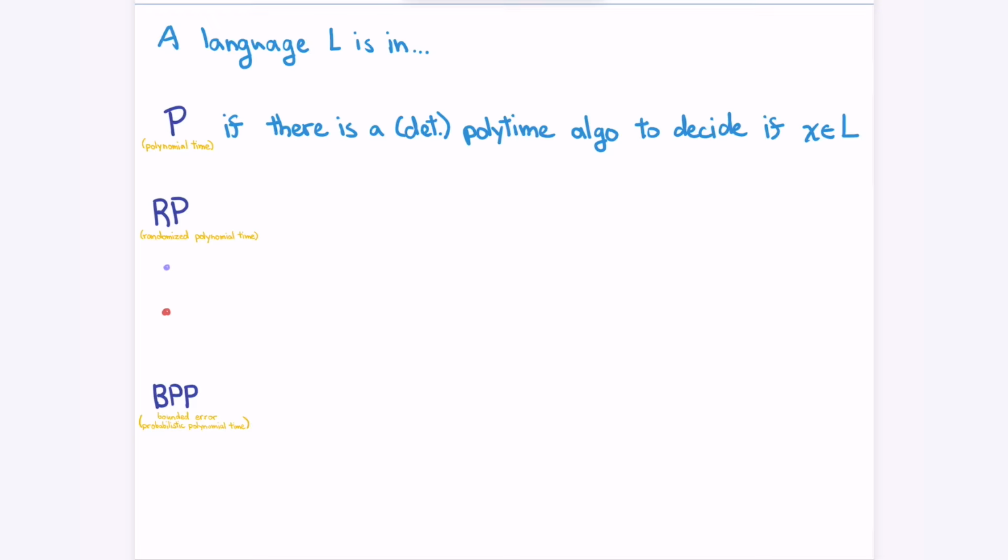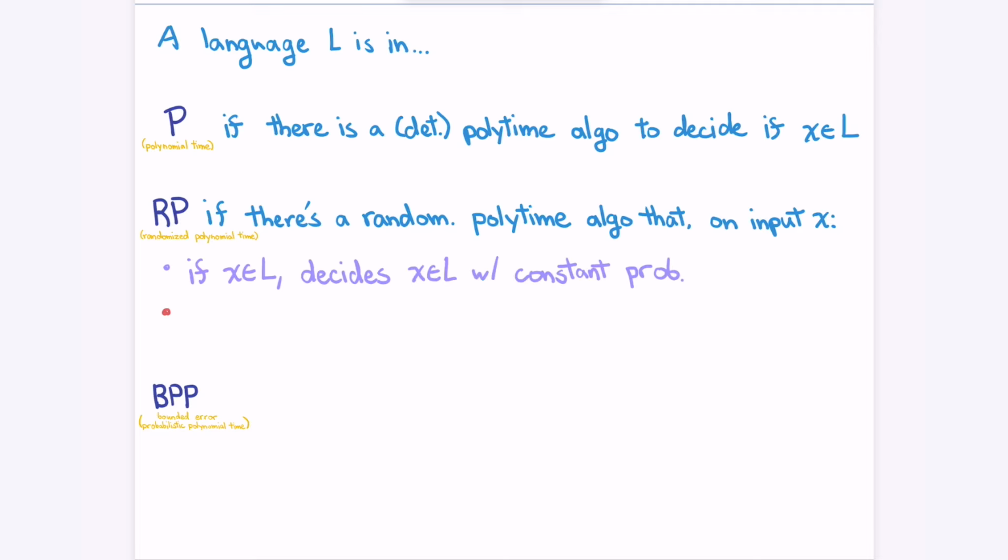Okay. Has anyone heard of RP? It stands for randomized polynomial time. Anyone want to guess what it is? There's a randomized algorithm that runs in polynomial time, but there's a little more specificity to it. Basically, if X is in the language, it should accept with constant probability.